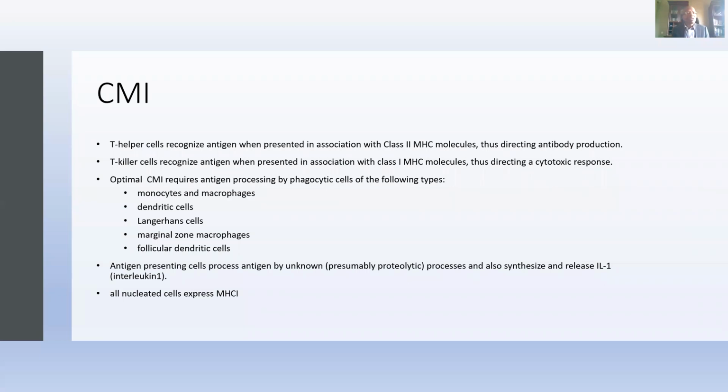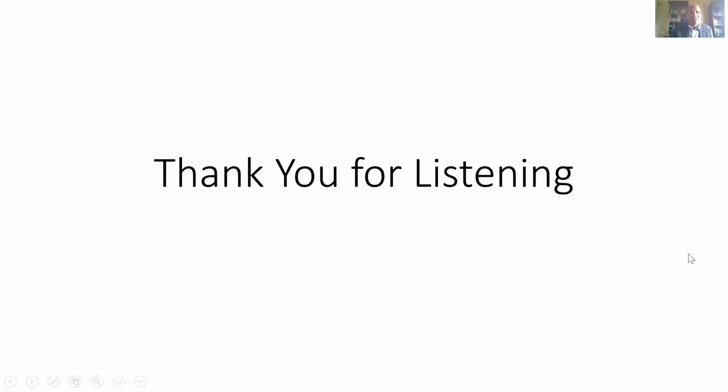The way to remember which cells are involved in CMI is that all the nucleated cells will be involved with CMI. So that is what I had to tell you. You will have a couple of minutes for questions.